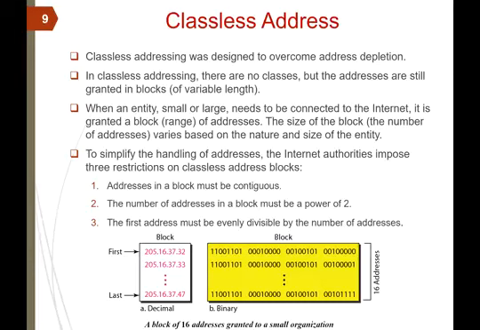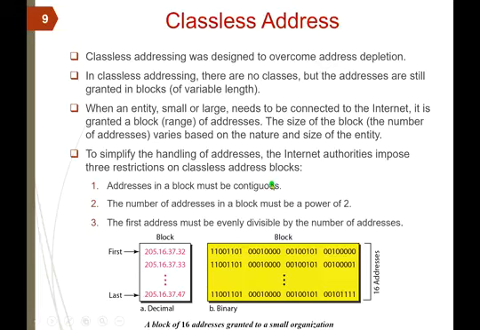So in the previous scheme, in classful addressing, each address belongs to a specific class: A, B, C, D, or E. Classless addressing was designed to overcome the address depletion.